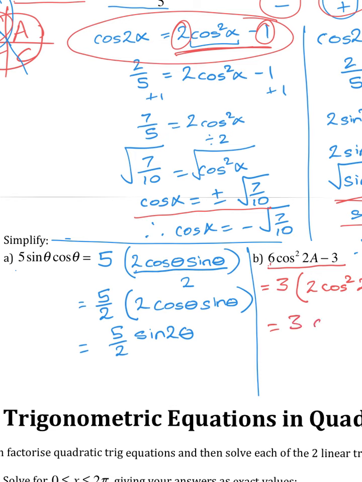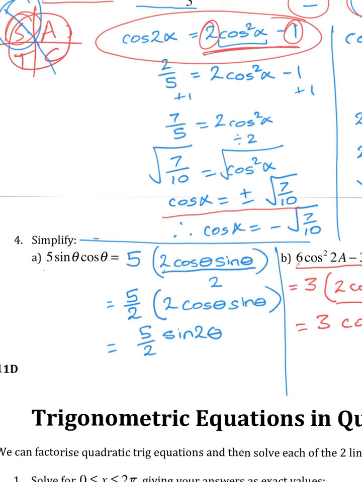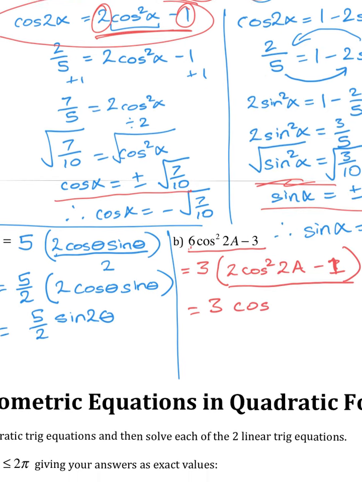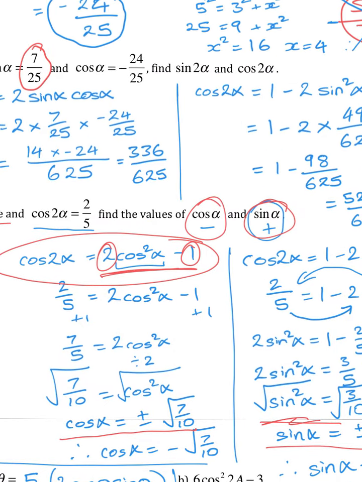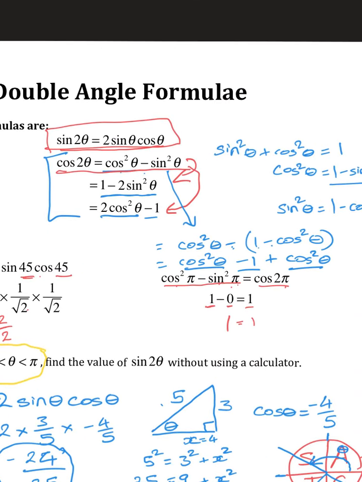So this in brackets becomes cos of, now usually we'd just put 2a. What's the problem though? Remember in our rule, I might go up to the original. Okay, so we got 2 theta here and theta there.